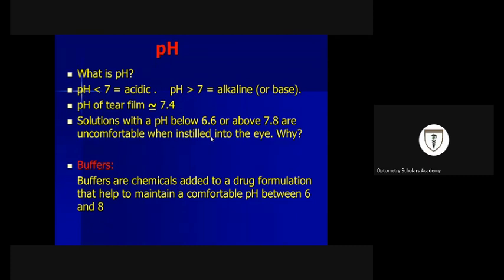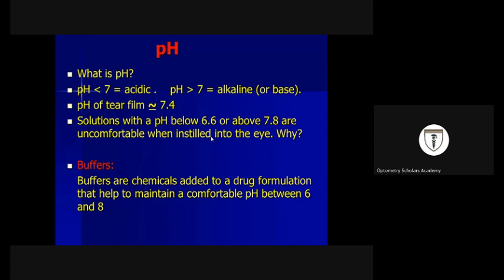But some of the buffers, in fact, affect the pH of these drugs. So it's either reducing the pH of the drug or increasing the pH of the drug. Depending on the buffer and the concentration of the buffer, this determines the level at which the pH will be.